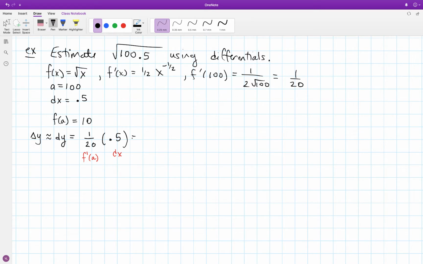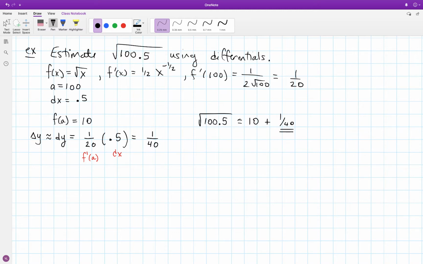And so what I have here is 1/20 times 1/2, it's 1/40. So the differential estimate for this value is 10 plus 1 over 40, because this is estimating how far away from f of a plus delta y actually is.